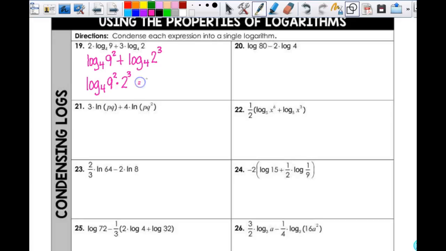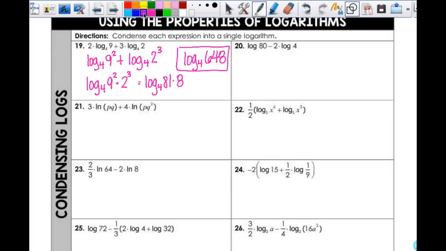So this is log base 4 of 81 times 2 cubed is 8. Right? So then let's just think about this and not try and rely on that calculator all the time. 8 times 80 is going to be 640 because 8 times 8 is 64. And then 8 times 1 is 8, so that's 648. So this becomes log base 4 of 648. That's my answer.